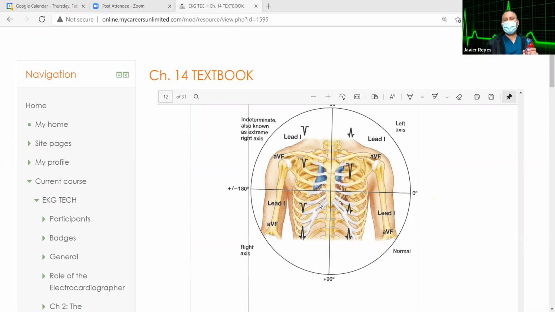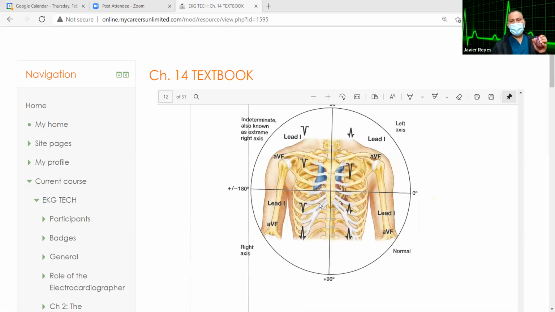So again, positive lead one, negative AVF is left axis. So I guess you could imagine that the heart is rotating to the left side, but it's not rotating. It's just the electrical activity is coming more from the left side and not so much from the inferior wall. That's why you see a negative deflection in AVF.